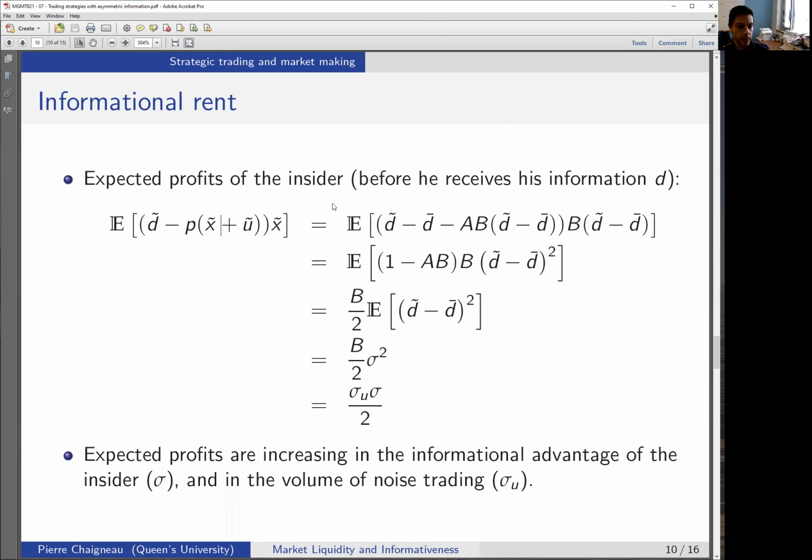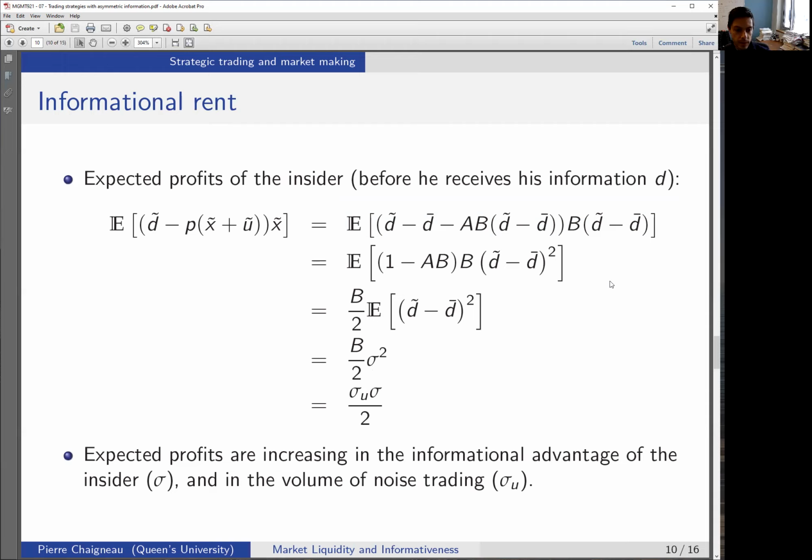Okay, so if we do these two things, and if we replace for X here as well, this is what it's going to be. So if we do all these things, this can be rewritten like this. So try to do it at home, as well as the next few steps.